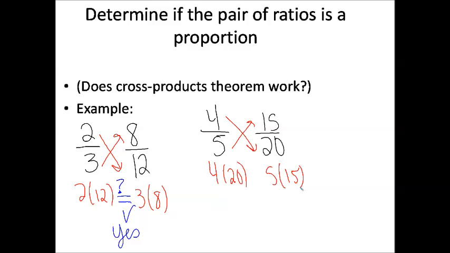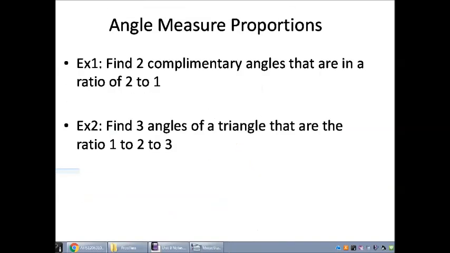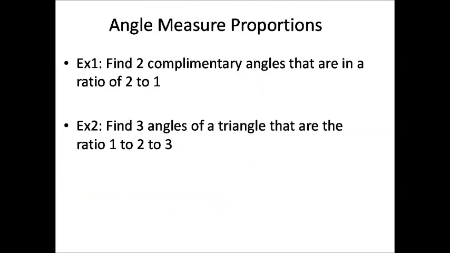And I'm going to ask myself, is this true? 4 times 20 is 80. 5 times 15 is 75. So this is not true, so then the answer is no. That's the easiest way to tell if two fractions make a proportion or not. This looks harder than it is.